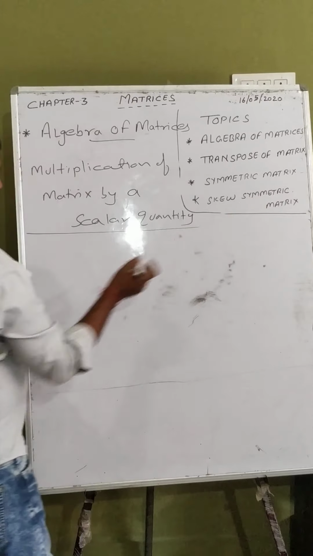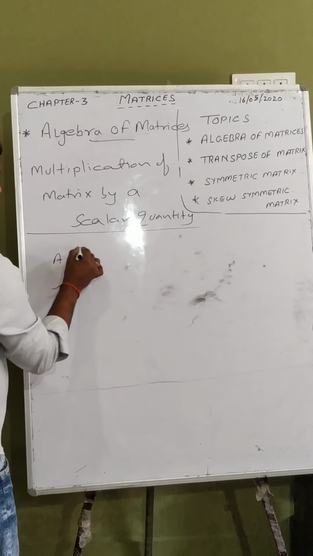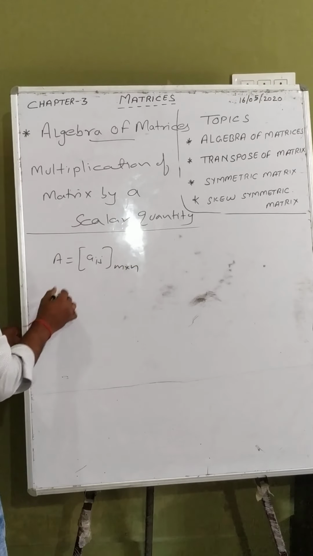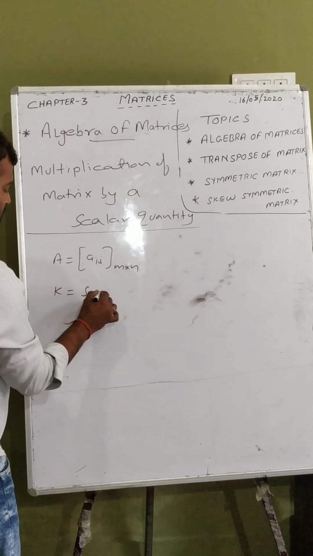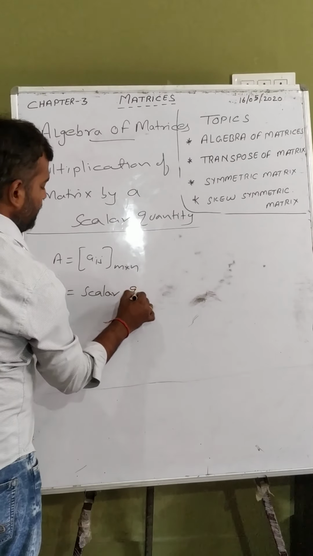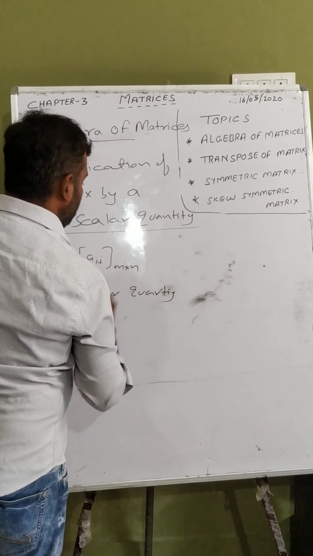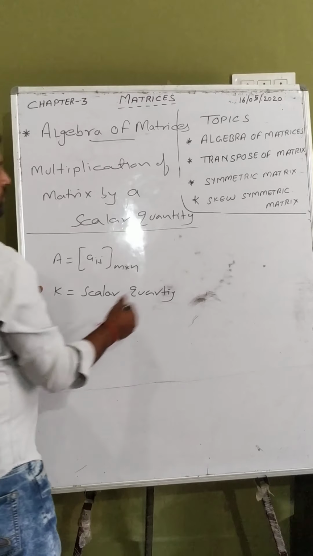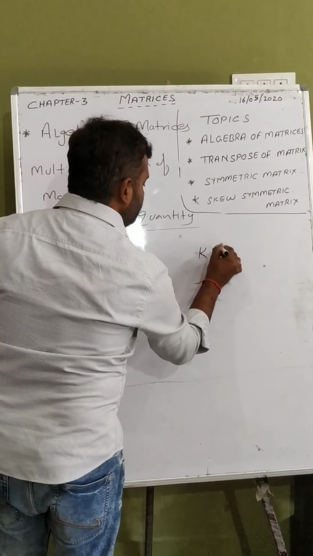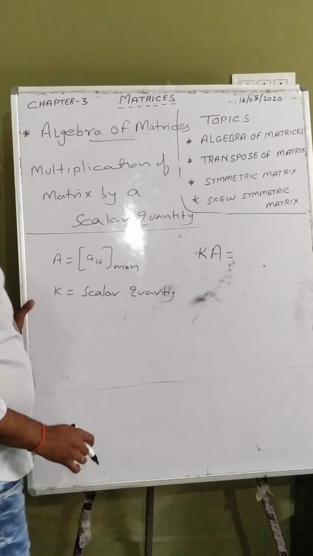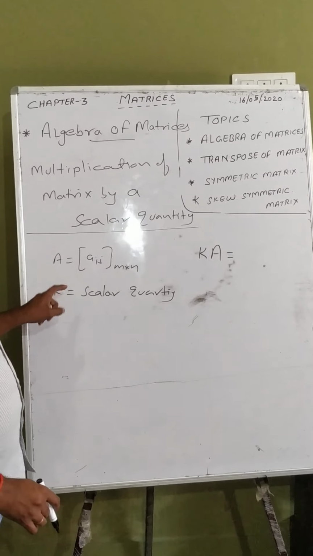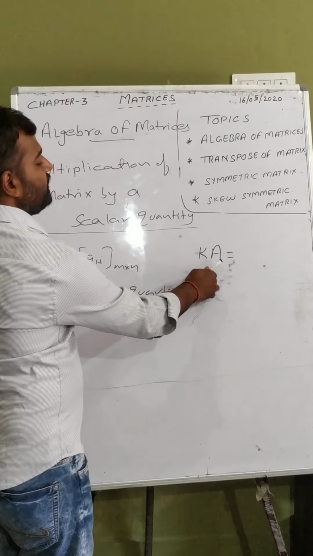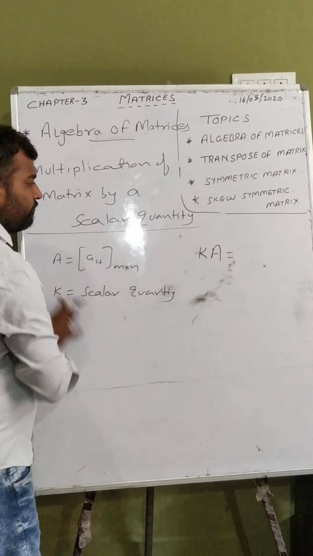What is the meaning here? Let A be a matrix of order m by n and K be a scalar quantity. Multiplying a matrix by a scalar quantity, the representation is denoted by KA. And what will be the result?